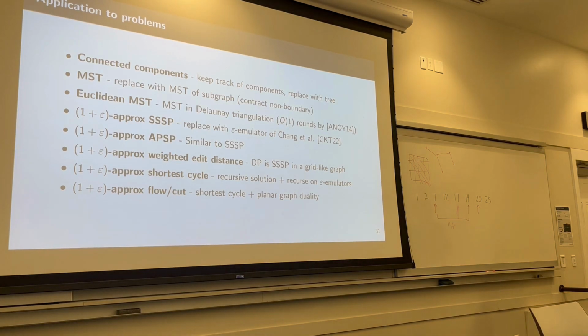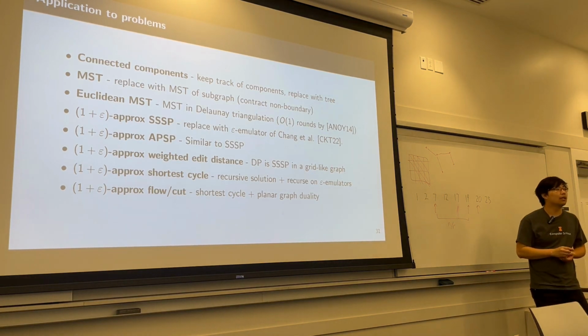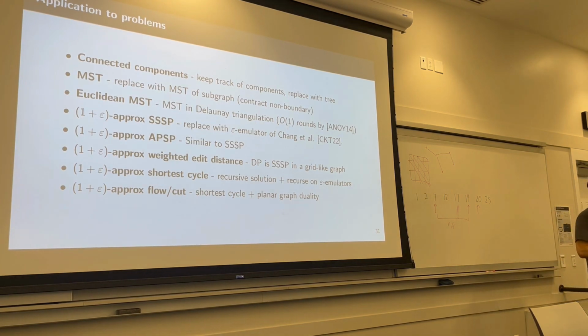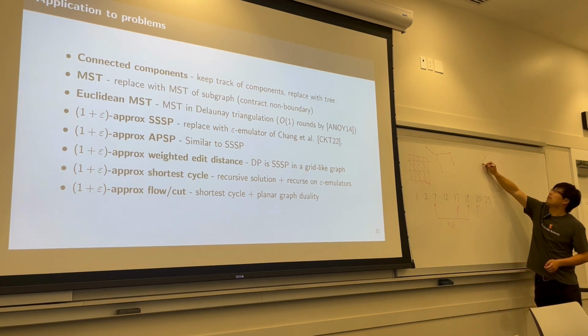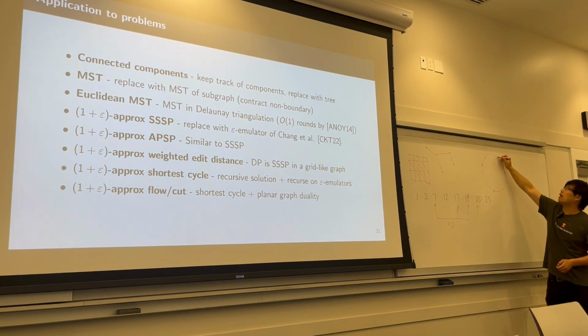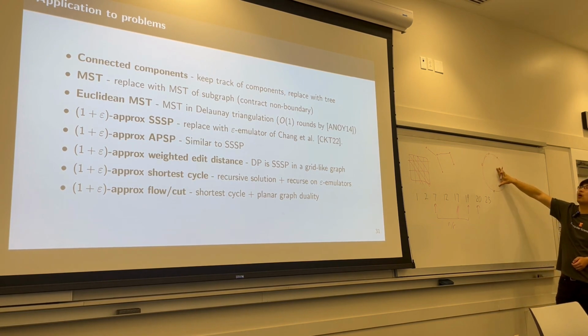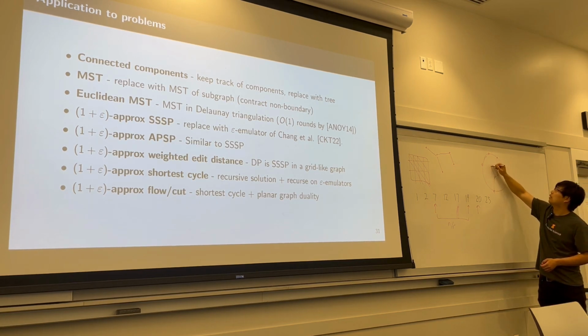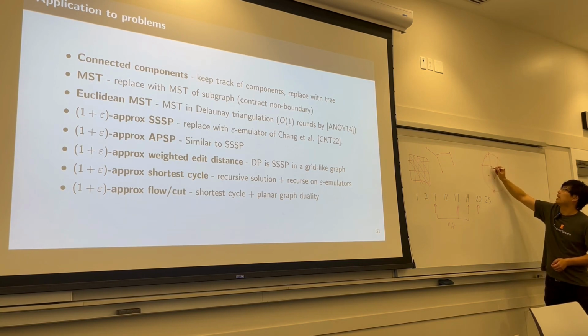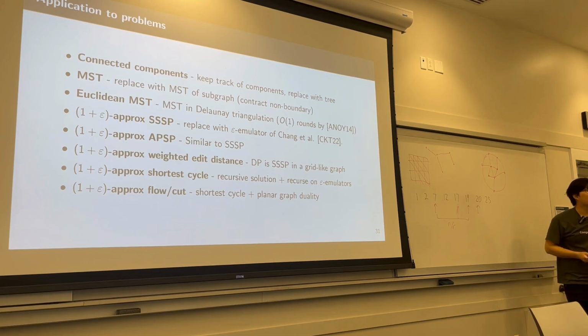Yeah, you had a question? Yeah, what did you mean by vertex sparsifier? Yeah, so what I mean is you have some graph and that's drawn in some region here, and you could have lots of vertices inside here, right? And some complicated graph, right?